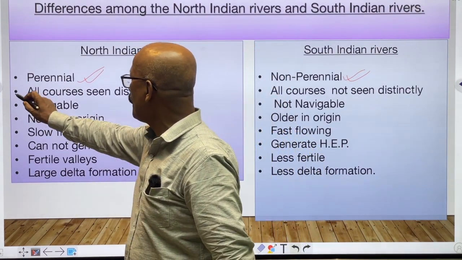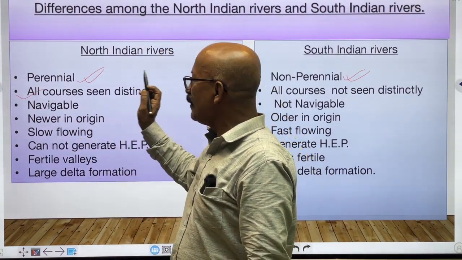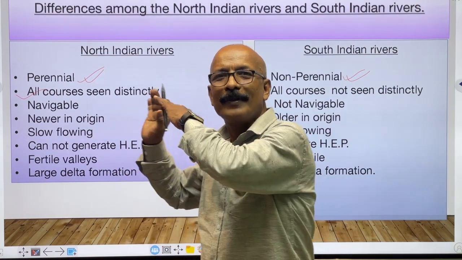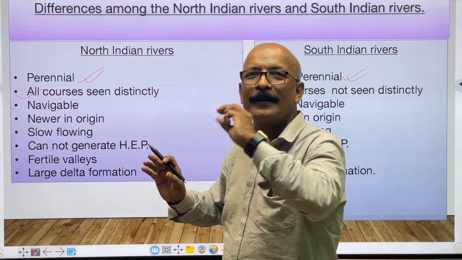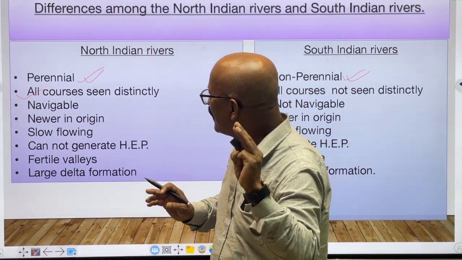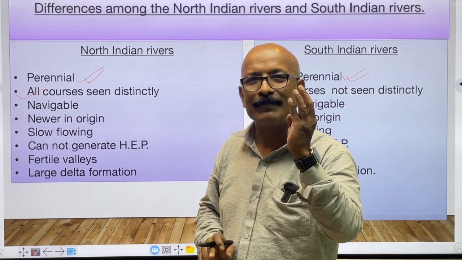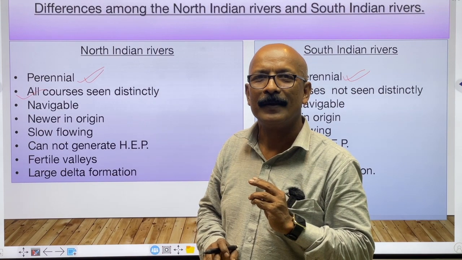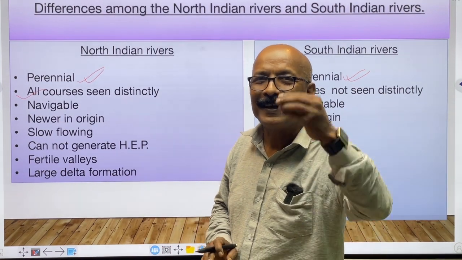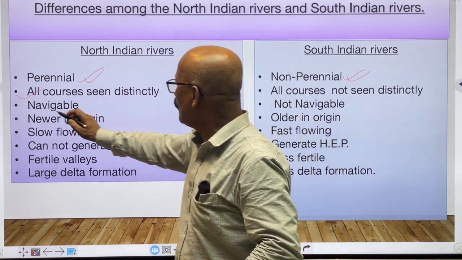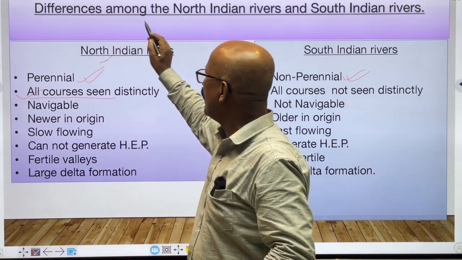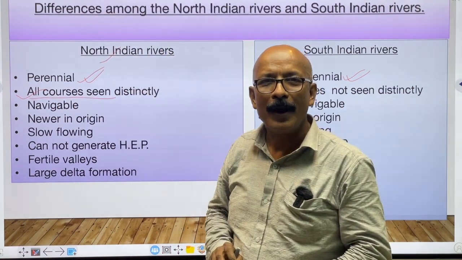Then number 2, all courses are seen distinctly. In case of rivers, we know there are three stages: the initial stage, mature stage, and old stage. These 3 stages are very much seen in the rivers of northern India. Why?